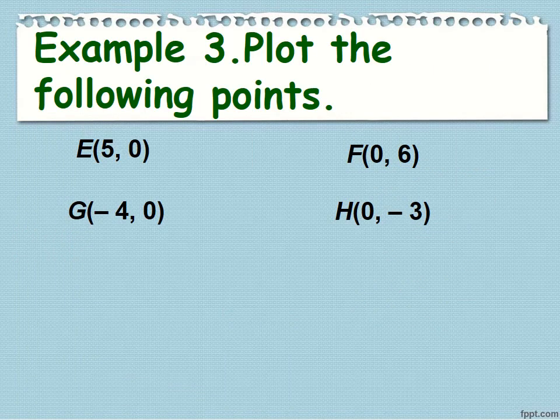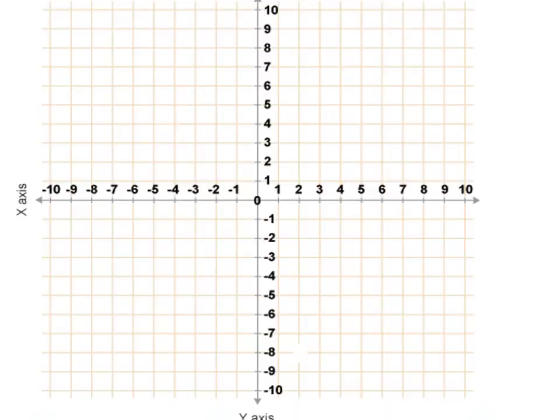Now it's your turn. Plot the following points: E (5, 0), F (0, 6), G (-4, 0), H (0, -3). And can you tell me in which quadrant each is located? Let's see the answer together.